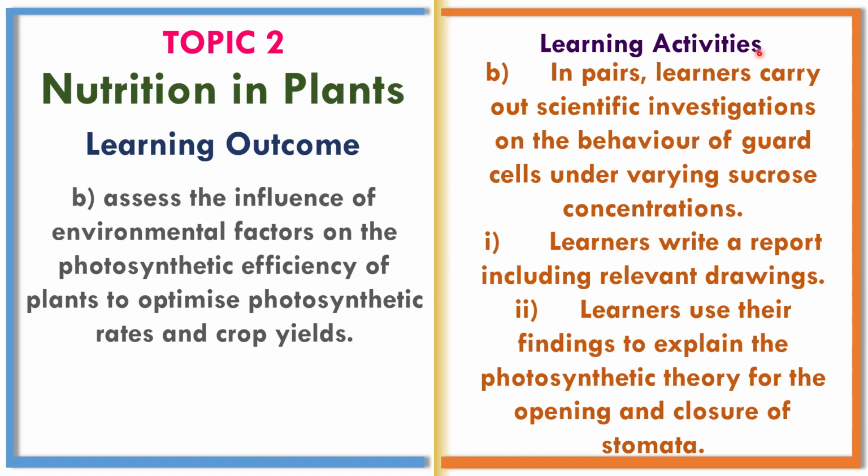Our learning activity has been B. In pairs, learners carry out scientific investigations on the behavior of guard cells under varying sucrose concentrations. Learners write a report including relevant drawings. Learners use their findings to explain the photosynthetic theory for the opening and closure of stomata.